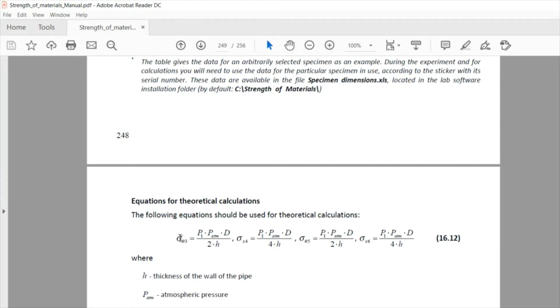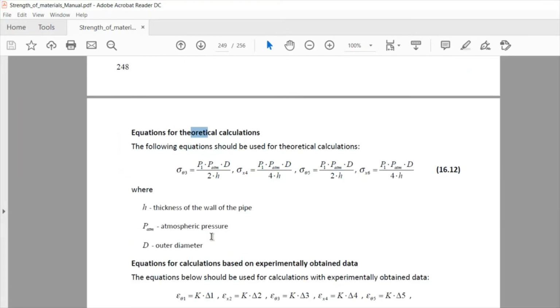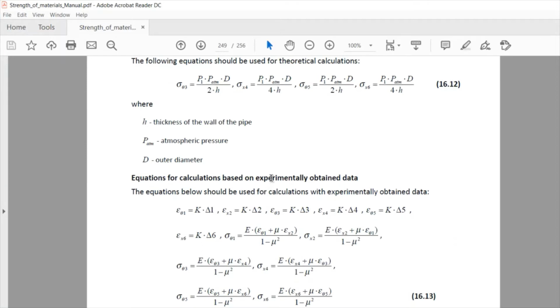So we can calculate some values. This is for theoretical calculations. For some positions we can find the values of the stresses, and we can also do the measurements from the experimental data obtained. We can find the 6 elements of stresses available in our specimen.